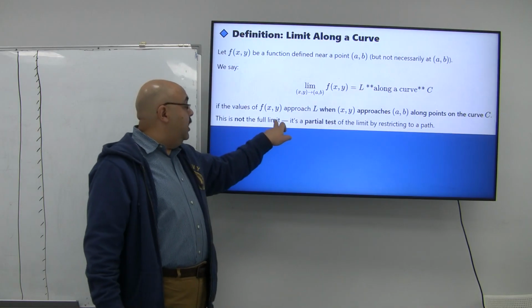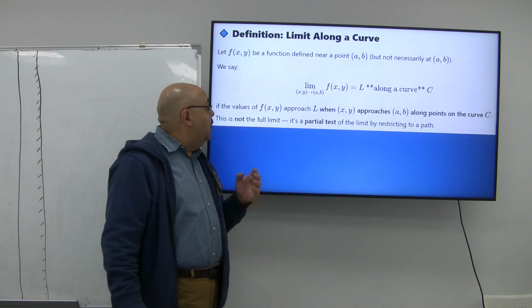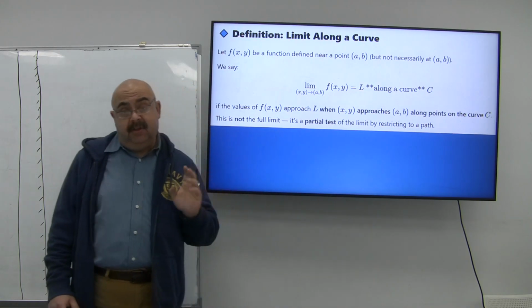This is not a full limit because it's a partial test of the limit by restricting the path.